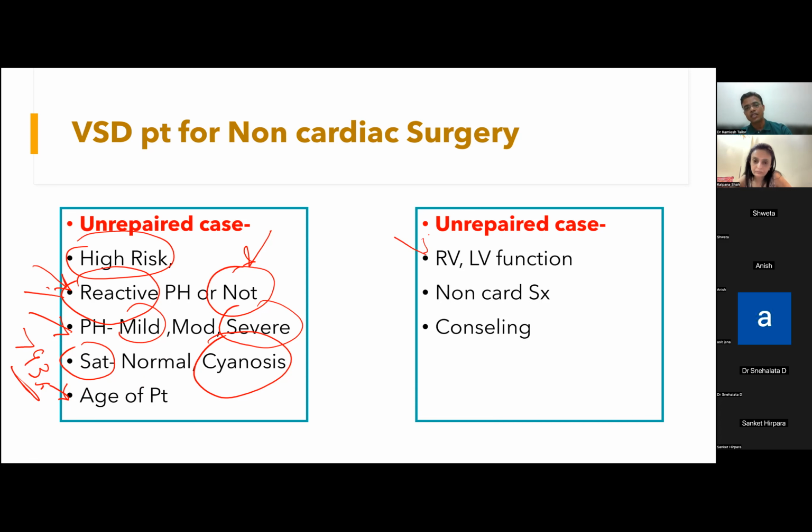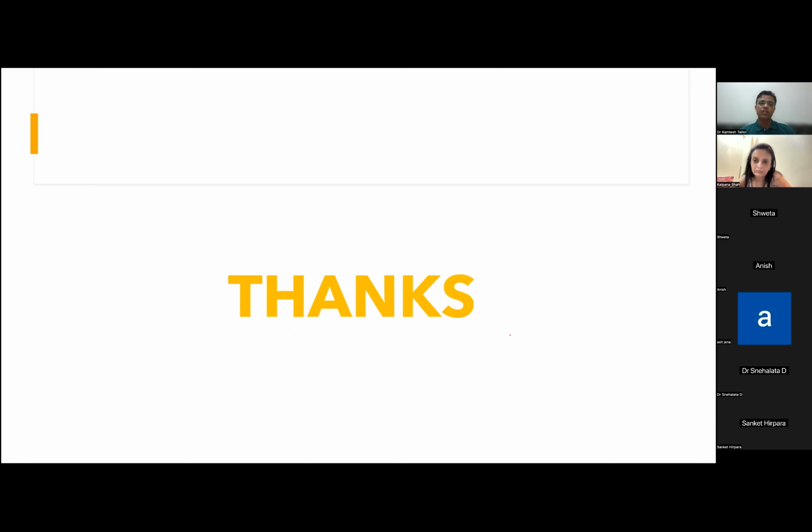RV-LV dysfunction has to be seen on echocardiography in an unrepaired case, and depending on the non-cardiac surgery, one can decide which kind of anesthesia should be given. Very important is counseling and consenting for this kind of very high risk patient going for non-cardiac surgery. So this is how we finish our ventricular septal defect cases.